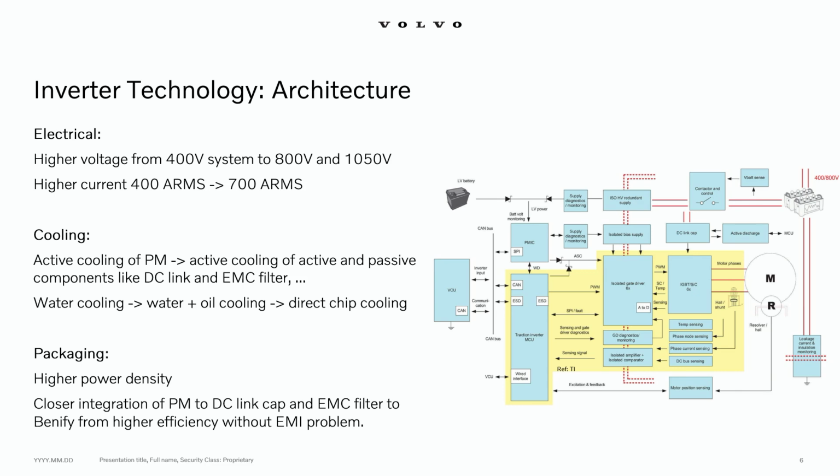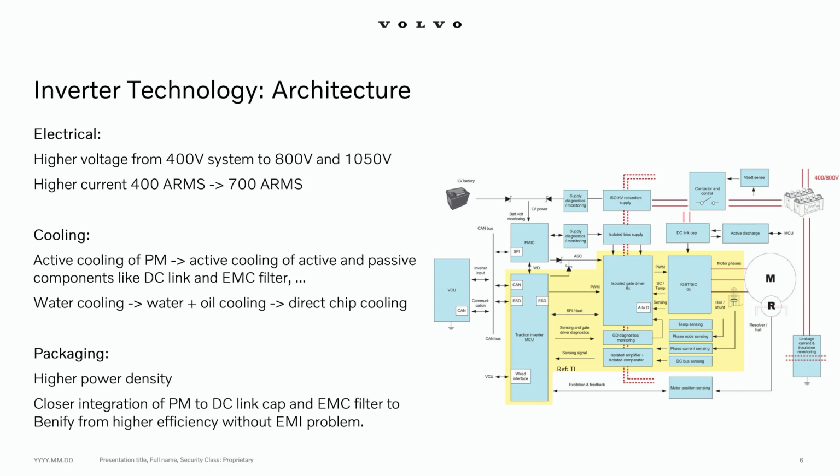Water cooling is a technology we had before, or like say G64 cooling. Recently we have both water and oil cooling. We also see a new technology coming for direct chip cooling, which we haven't used yet, but should be used.